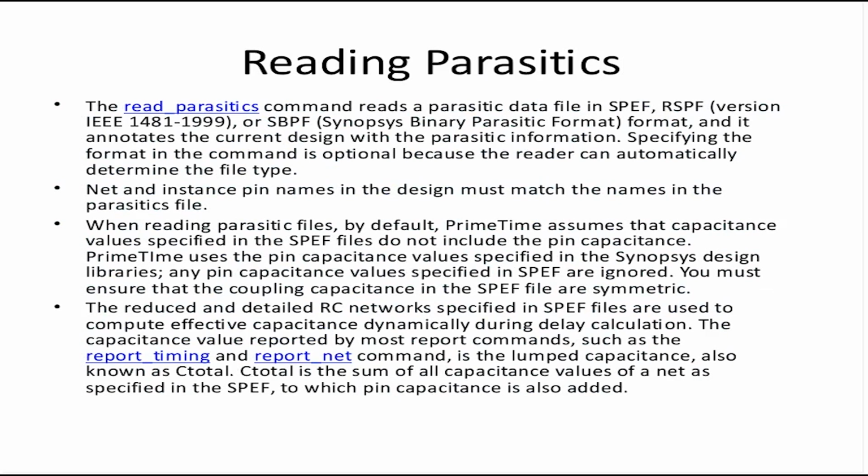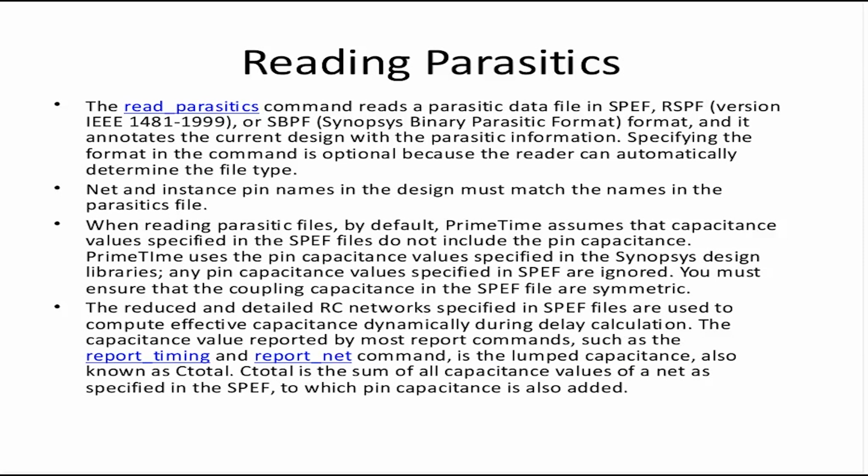This is the thing that you should remember. The capacitance value reported by most report commands such as report_timing or report_net is the lumped capacitance. What it means is that an interconnect will have multiple segments, but during delay calculation PrimeTime will calculate a single value, which is the effective capacitance.